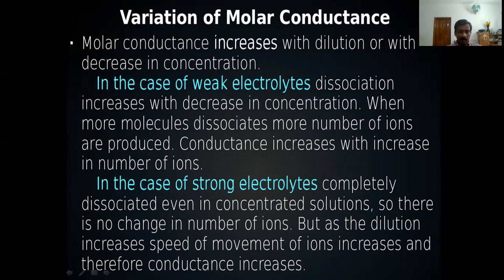We are considering the number of ions of 1 mole, in the volume that contains 1 mole of the electrolyte. So generally we can say molar conductance increases with increase in dilution.